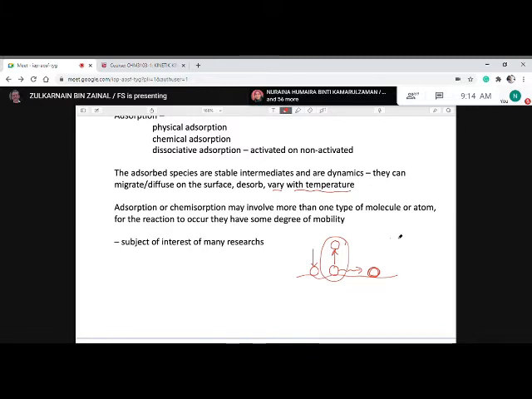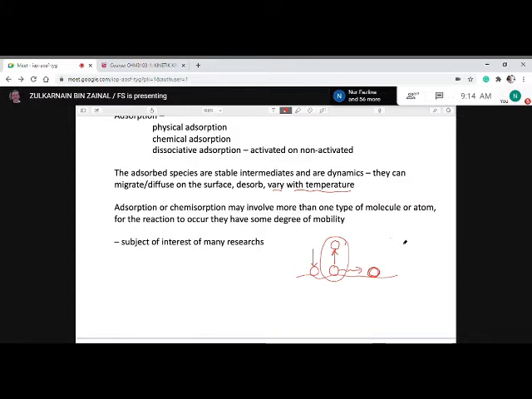For chemical adsorption, it is the reverse. As you give higher temperature, you give more energy for the material to form bonds with the substrate, and that will induce more adsorption rather than desorption.